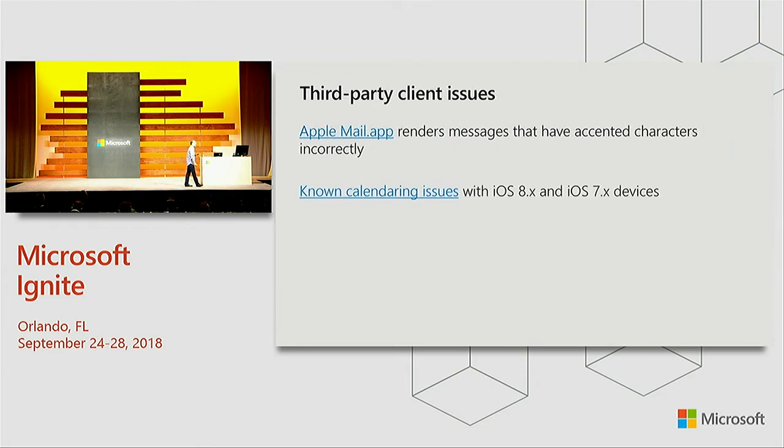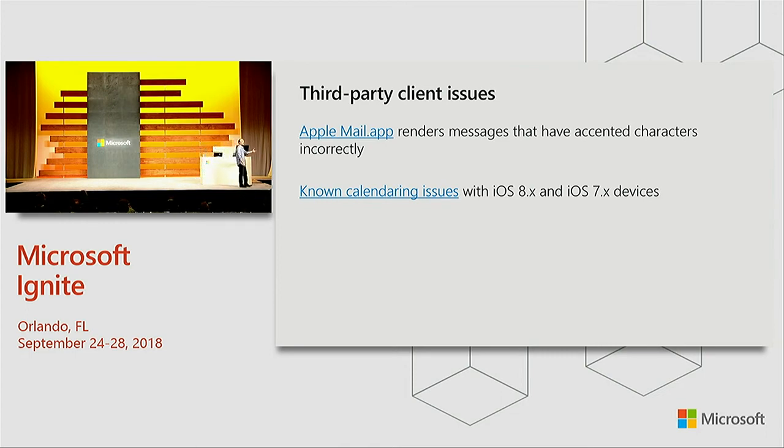All right. I also always try to talk about this one, just as a frequent reminder. I'm not going to go into any detail here, but I know everyone's having a great mobile experience, but we still do, from time to time, have issues with third-party devices that are outside of our control. They'll cause problems with one of our services or products, but the fix is outside of our control, such as the Apple Mail app rendering messages with accented characters incorrectly.